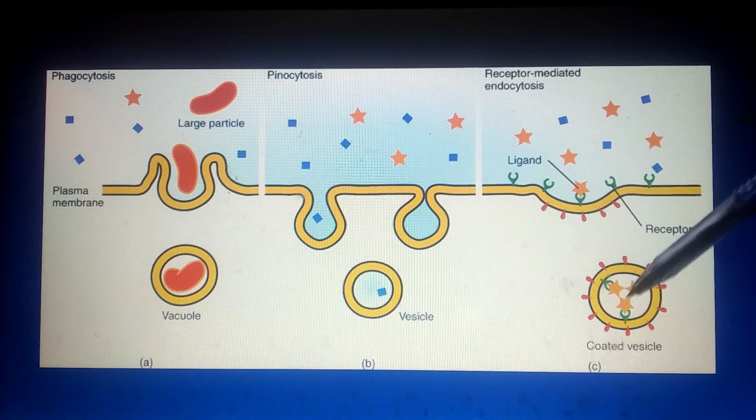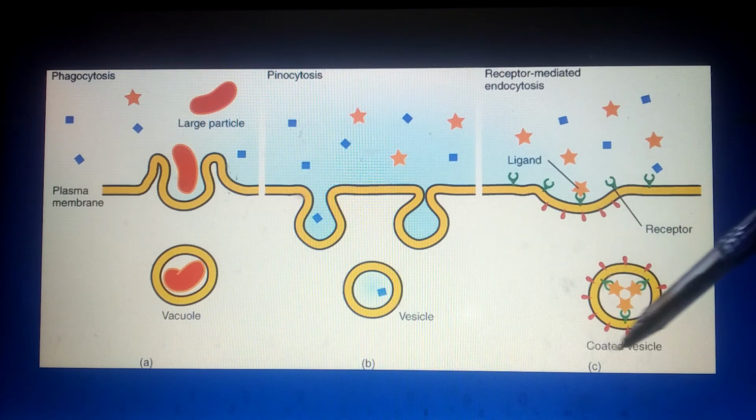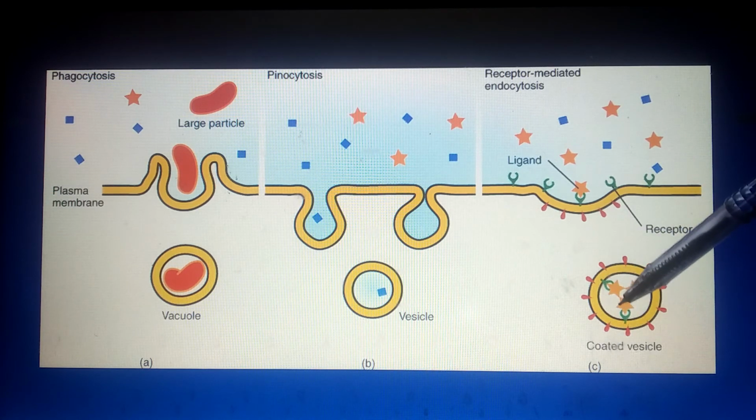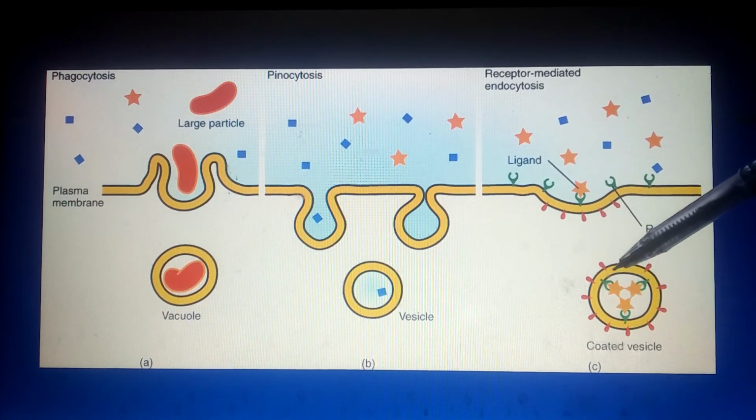So in these coated vesicles actually help in the movement of the substances like proteins or many other things from one part of the cell to the other.